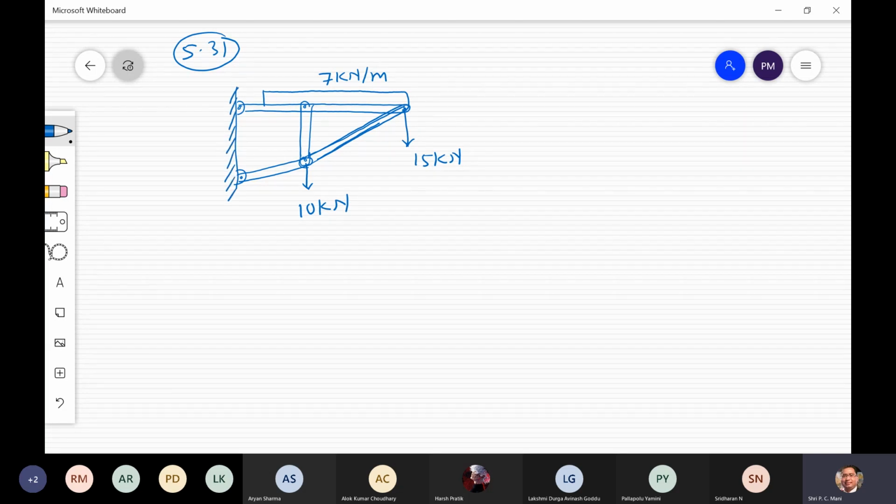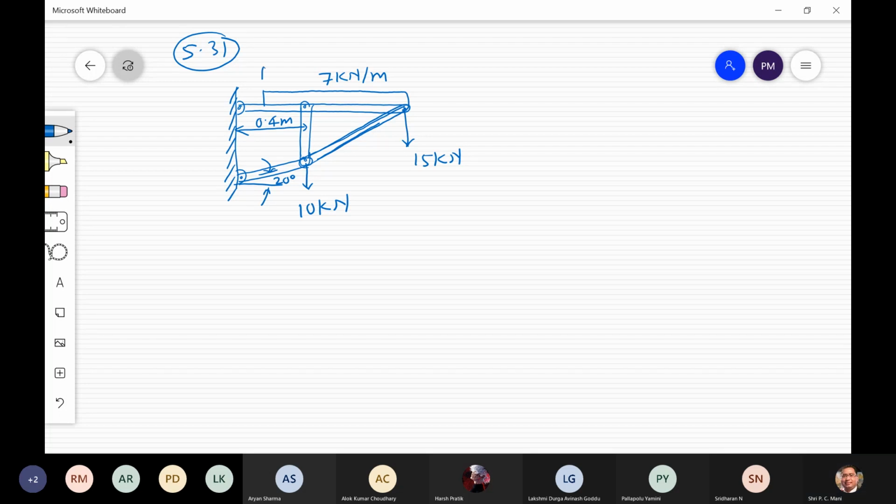Okay, this segment from here to here, this length is given, this angle is 20 degree. Okay, from here to here, this one is 0.4 meter.